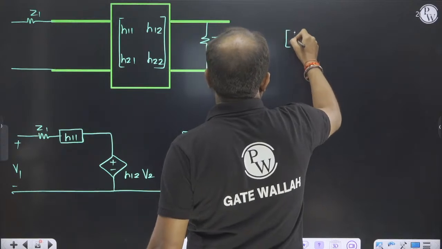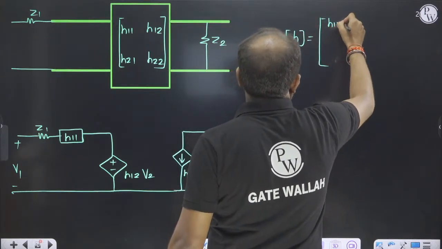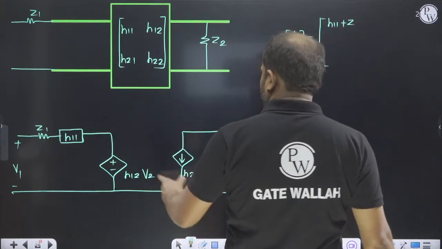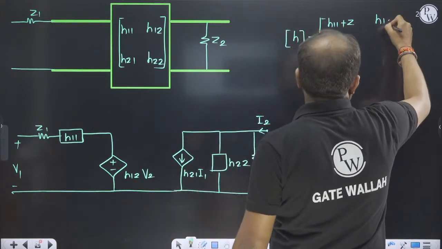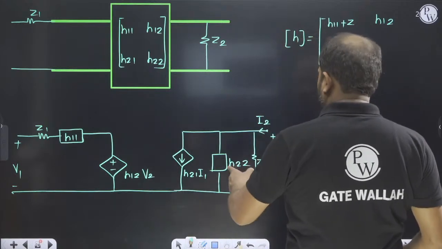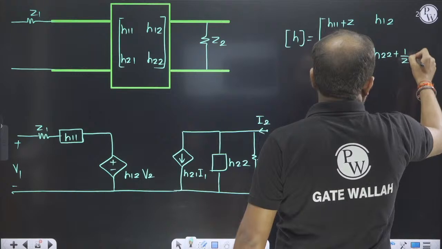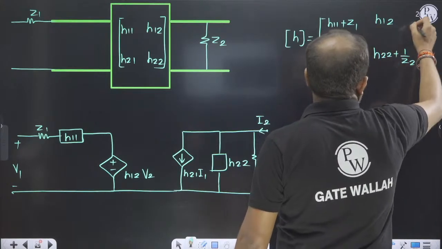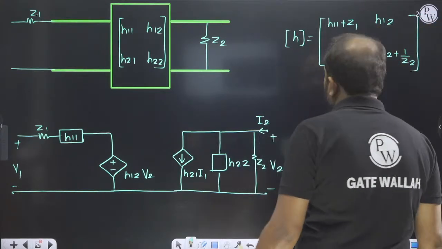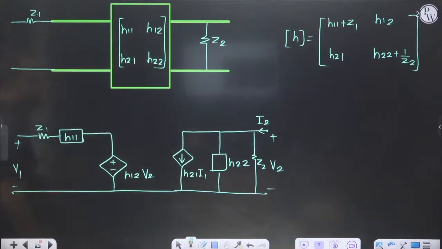So our H11 will be equal to H11 plus Z. H12 no change, H21 no change, and H22 will change. Parallel condition, H22 plus 1 by Z2. It is very easy.